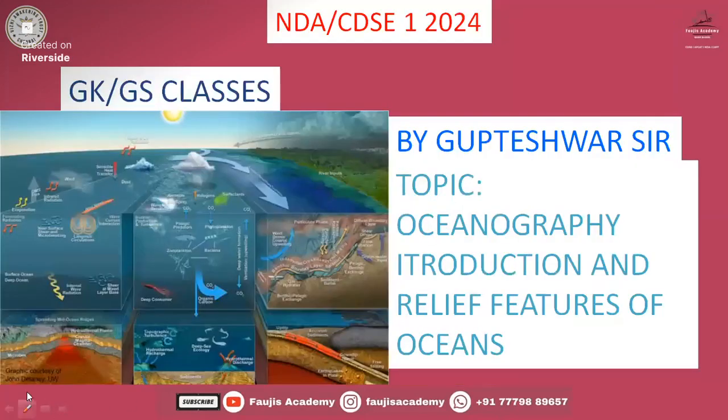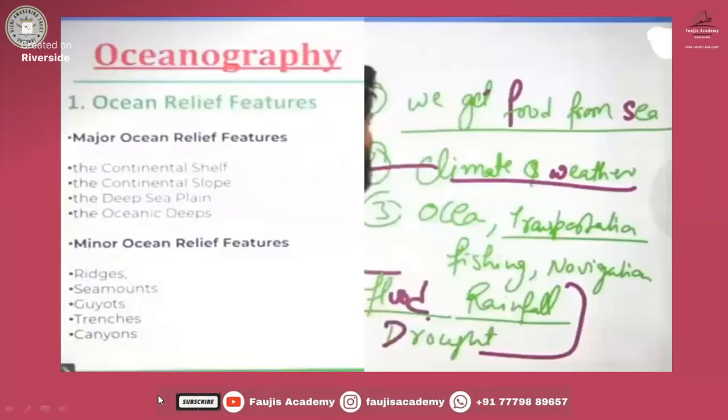So now we will start with oceanography. In this oceanography part, only some parts are important. Which parts are important? We will be studying La Nina and El Nino, so this part is important.